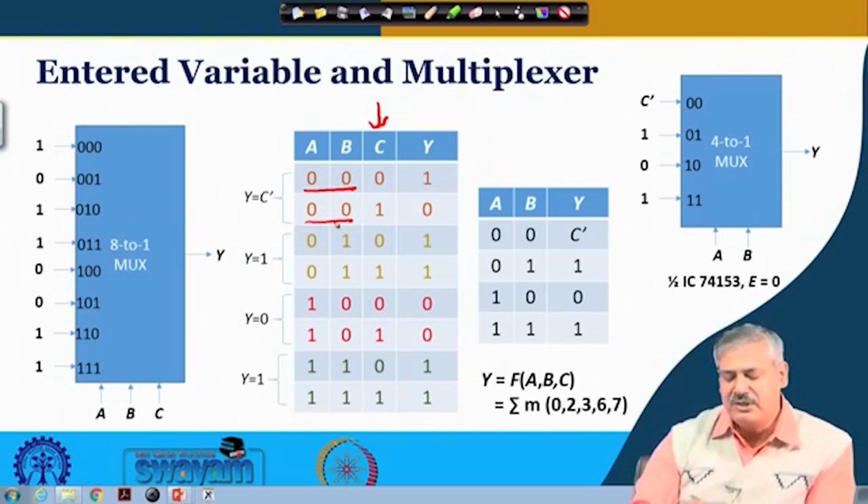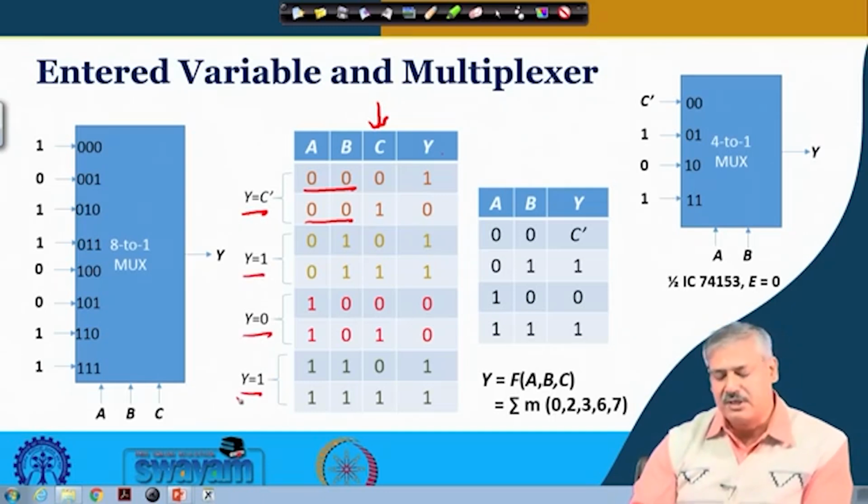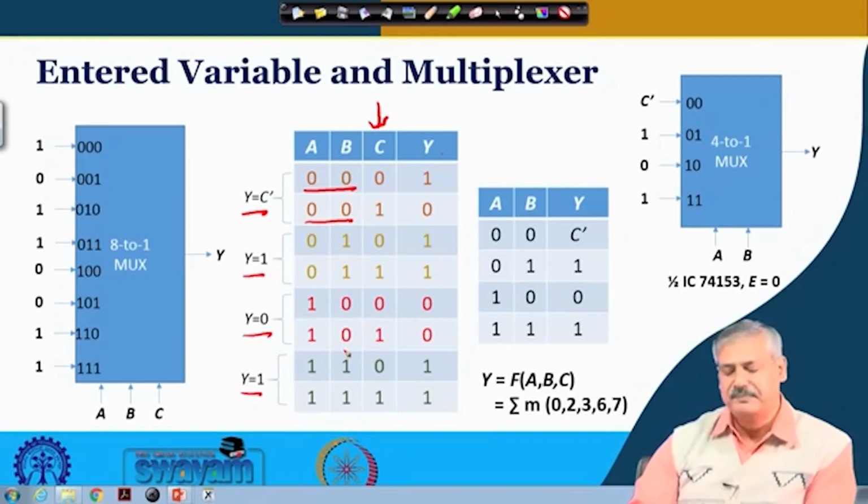When both A and B are 0, 0, we see that Y is just the inverse of C. So, Y is C prime, and for other cases we see Y is equal to 1, Y is equal to 0 and Y is equal to 1, if you take them as pairs. Okay. The output is not dependent on C in the other cases. So, only in this case it is dependent on C, but just as C prime.